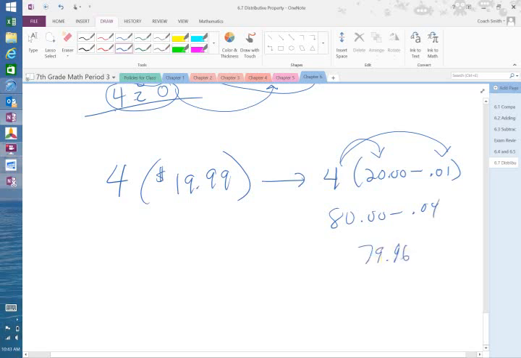Okay? So your brain functions literally in the distributive property. Okay? It uses the distributive property to solve things. You know, when I'm up here multiplying numbers in my head, all I'm doing is using the distributive property.